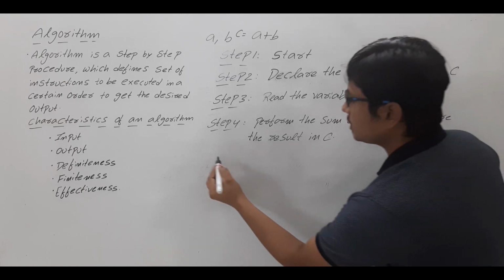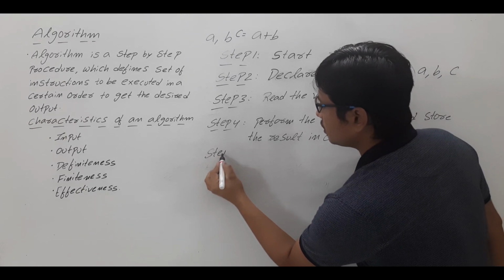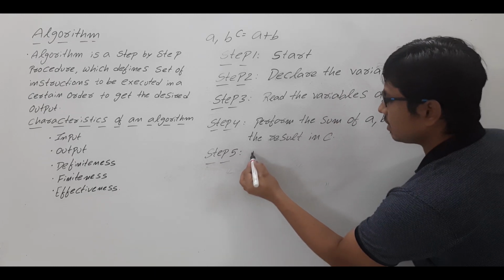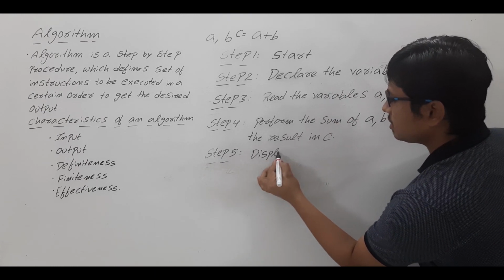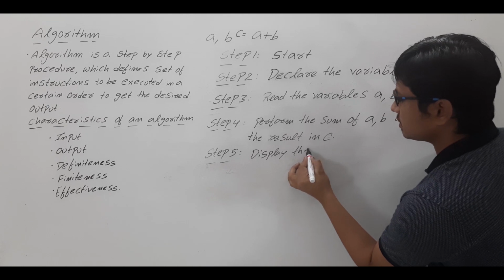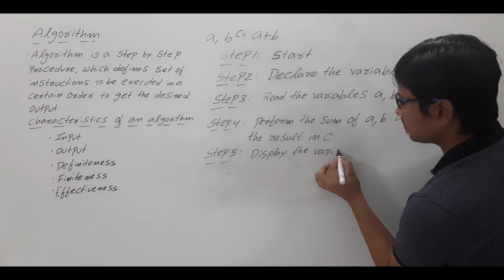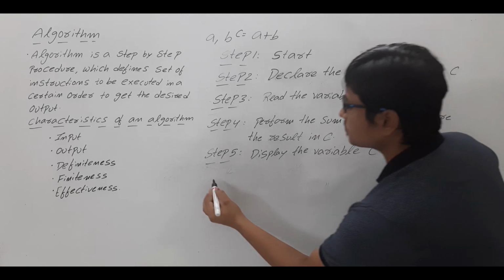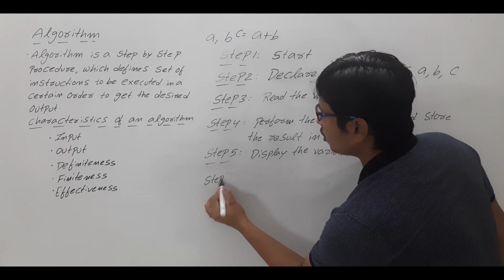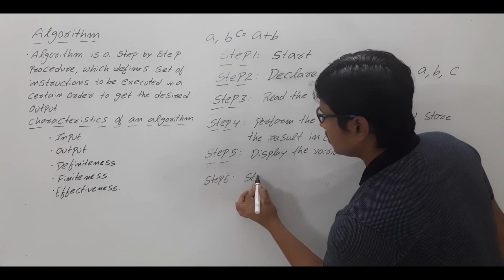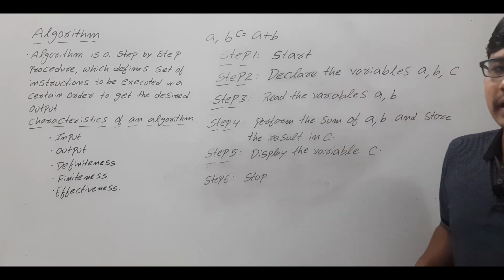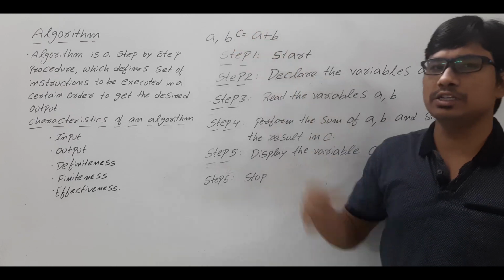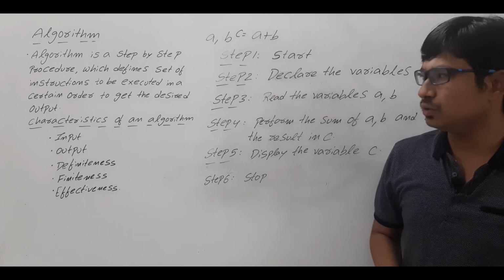Now step 5: once you store the result in c, you need to display the value in c. And step 6: you should stop the algorithm. Now this is an algorithm to perform the addition of two numbers and display the value to the user.